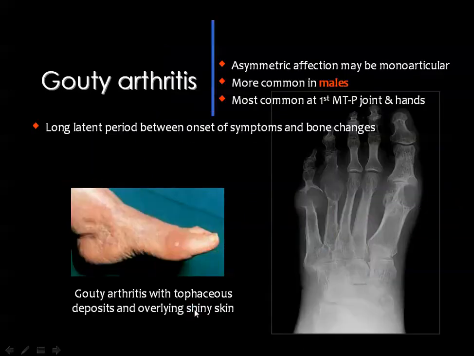Then what happens? There is a deposition of crystals near to the joint, and you get erosive changes that are very characteristic. They are sharp, punched out erosions, which do not usually affect the articular surface at the beginning of the disease.